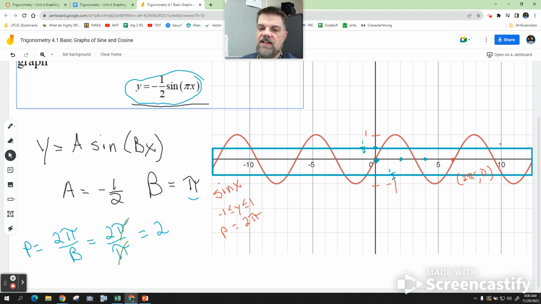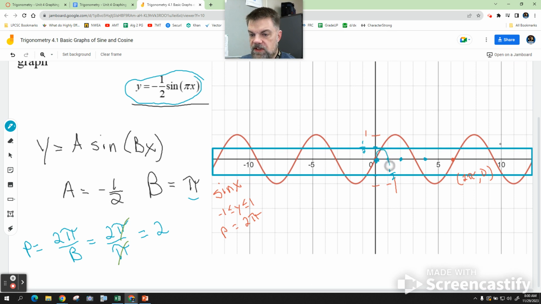Now, normally I would draw a dotted line and all that, but it's got to go one period. That means it's got to go up, down, and back. So from here to here, I'm going to go up and then down and back. Then up, then down. Whoops. This is really hard to do with this tablet. Up, then down and back. Then I have to do it again. Up, then down and back.